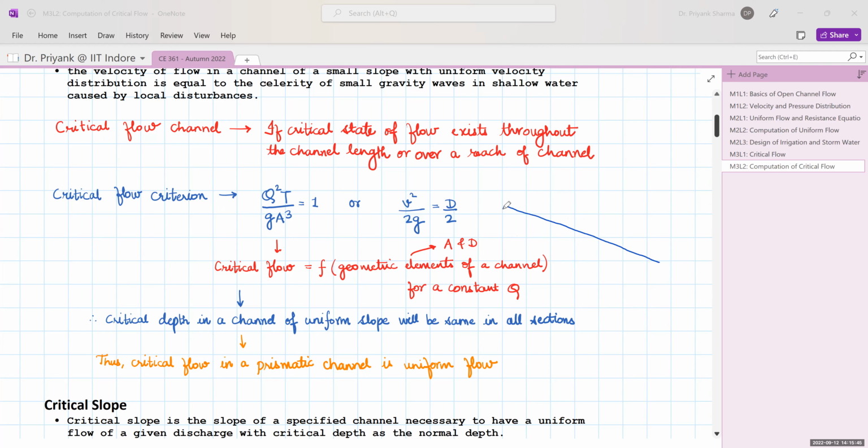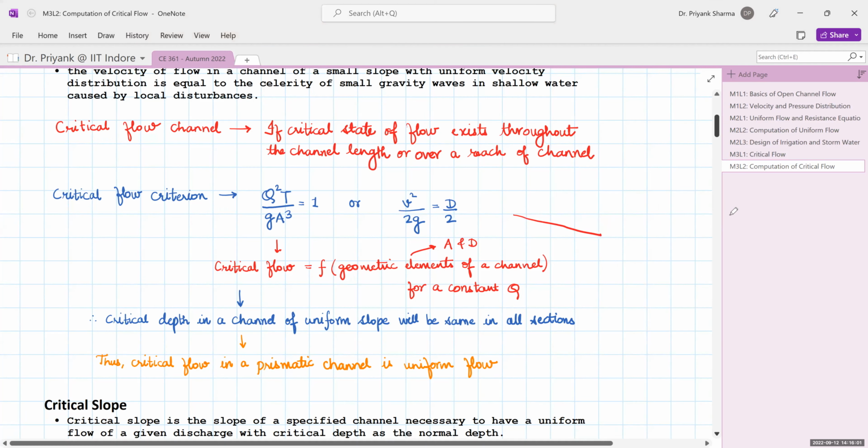If you have a channel with a uniform slope, with no change in the slope of the channel, and you take different channel sections, your critical depths, let us say yc1, yc2, yc3, will all be the same at different locations. These three critical depths will be equal when your channel slope is uniform, so there is no change in the channel slope.